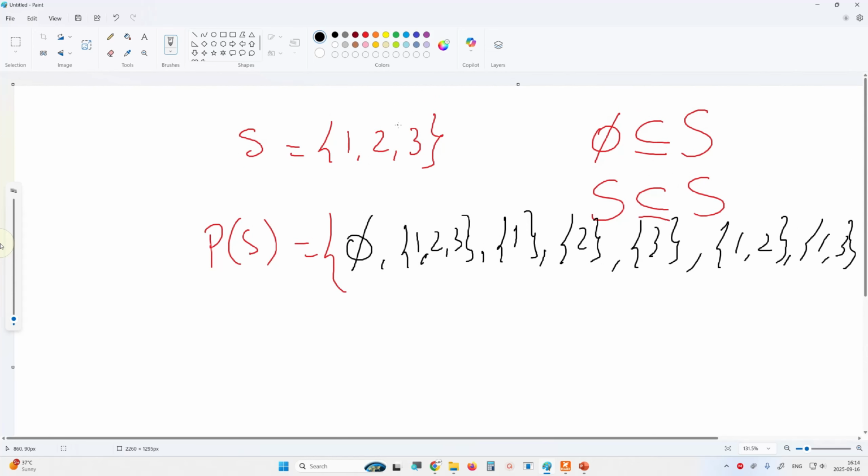Is there anything else? No, because the order is not important. I cannot just make 2, 1. It's the same, I'd just be repeating. So basically, that's pretty much it.